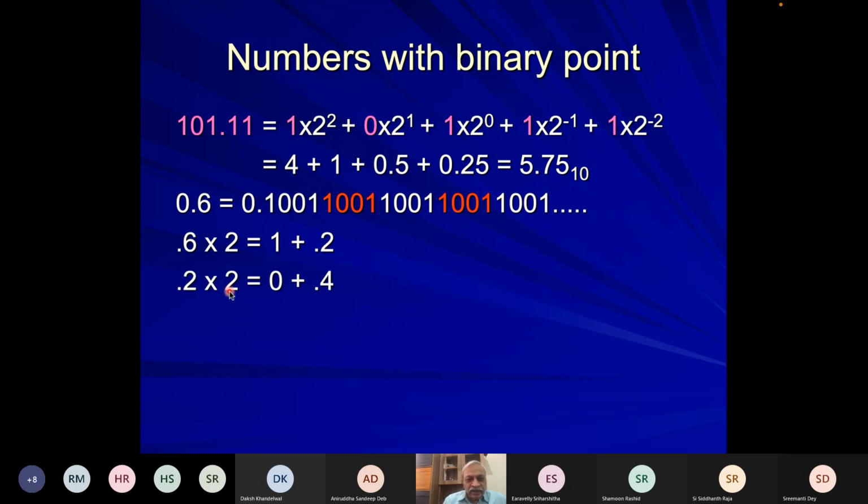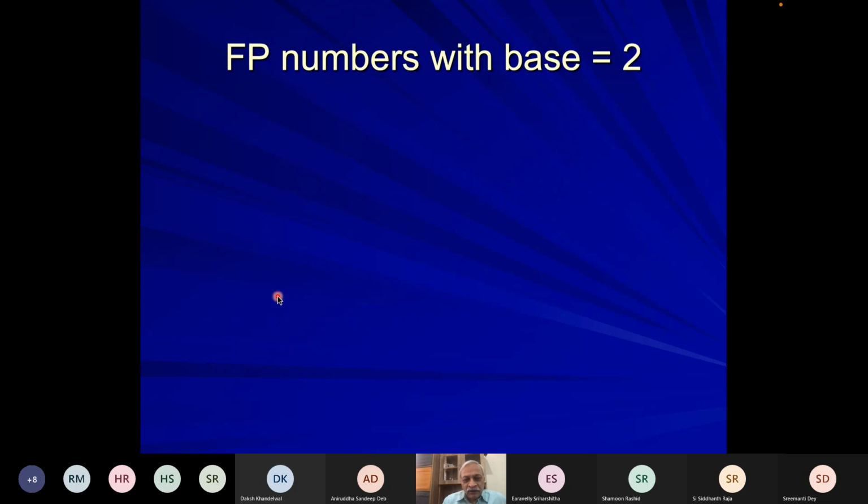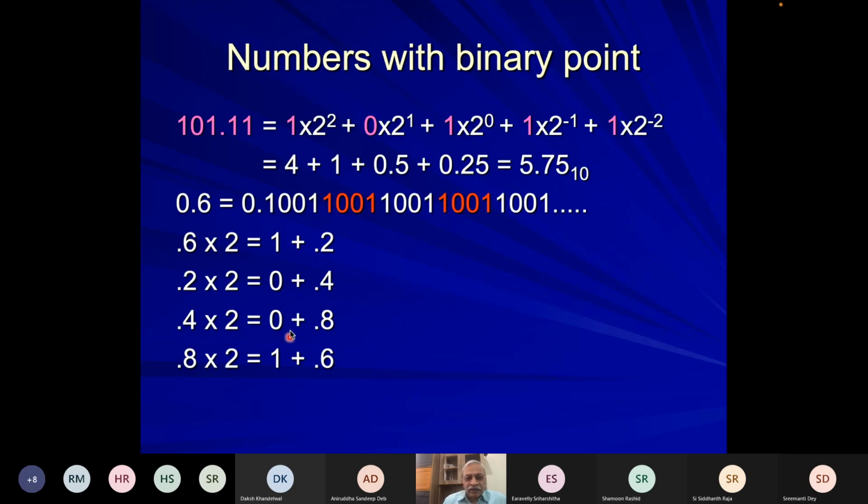Then you take the fraction, again multiply by 2, look at the integer part and the fraction part. That integer part gives you the next bit. You can repeat this exercise, and you will get the binary representation of a decimal fraction. It may be recurring, it may be non-recurring. For example, here, if you continue like this, you will see that this 1001 pattern is going to recur. It will be repeatedly occurring.